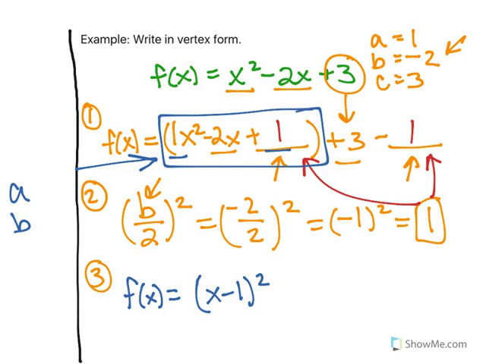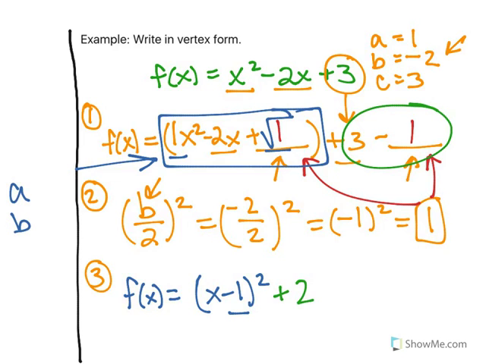Basically, what you really need to know is that this value will match the square root of this value. Okay, so in this case, the square root of 1 is 1. And then you're going to combine like terms to get our plus value over here. 3 minus 1 equals 2, so we've got plus 2 over here.